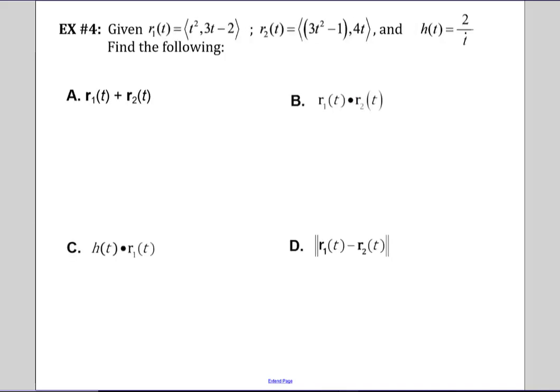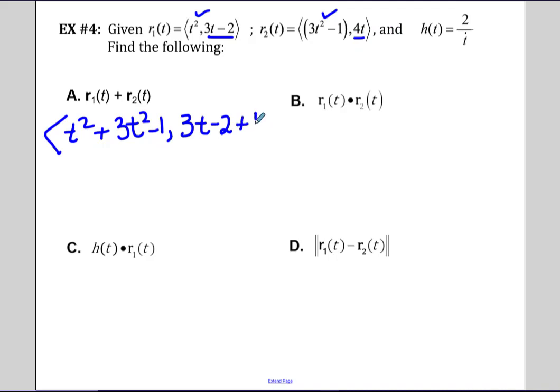Okay, in example 4, we're going to add r sub 1 of t and r sub 2 of t. So using component form, our r sub 1 is this t squared here, and then 3t squared minus 1. And then the y values would be 3t minus 2 and 4t.